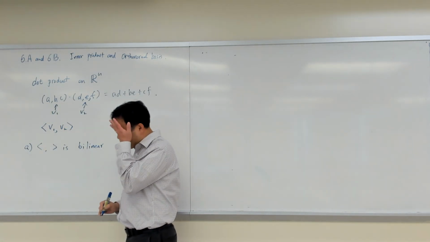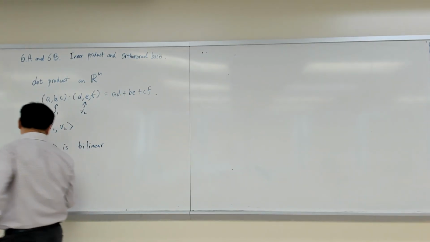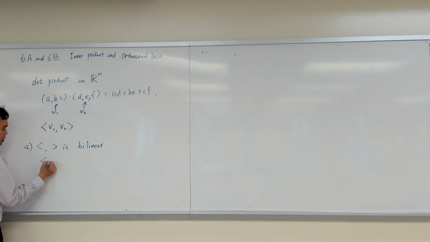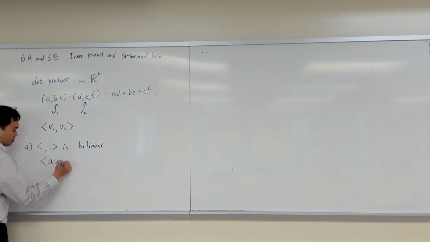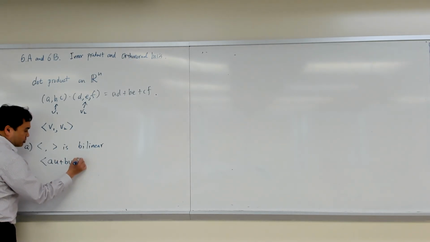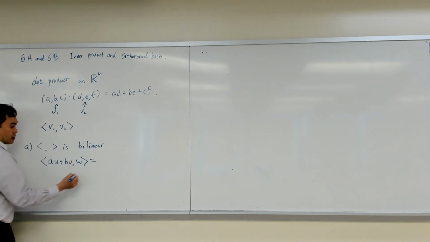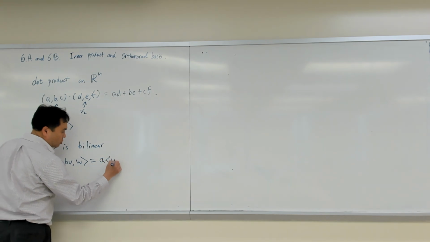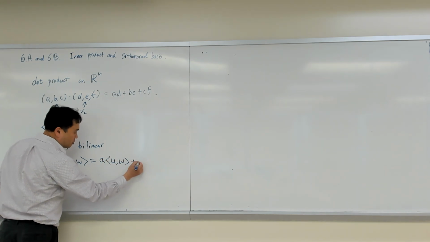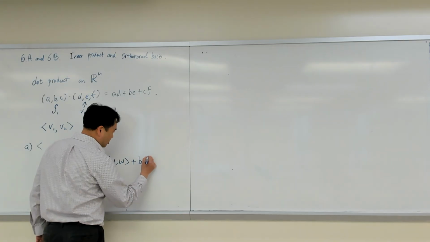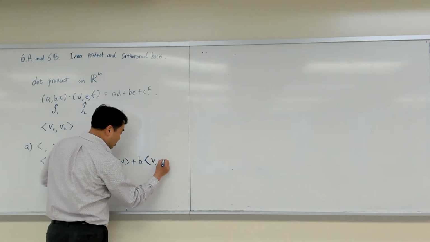So what does bilinear mean? It means that if you have AU plus BV comma W, that's A times UW plus B times VW.